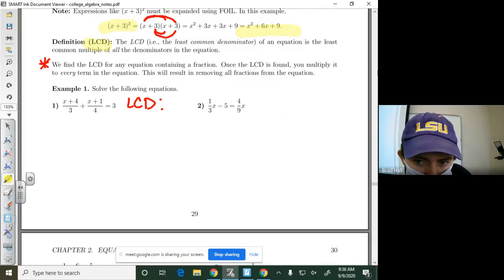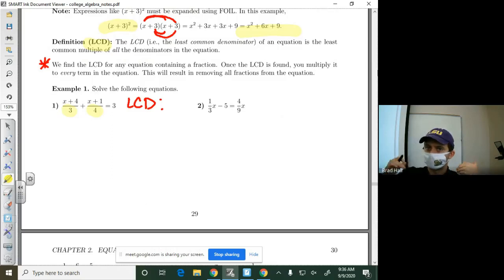The denominators here are 3 and 4, obviously because they're the denominators for their respective fractions. So we need to find the least common multiple of those two. What is the smallest number that 3 would go into, and simultaneously 4? So it's going to be 12.